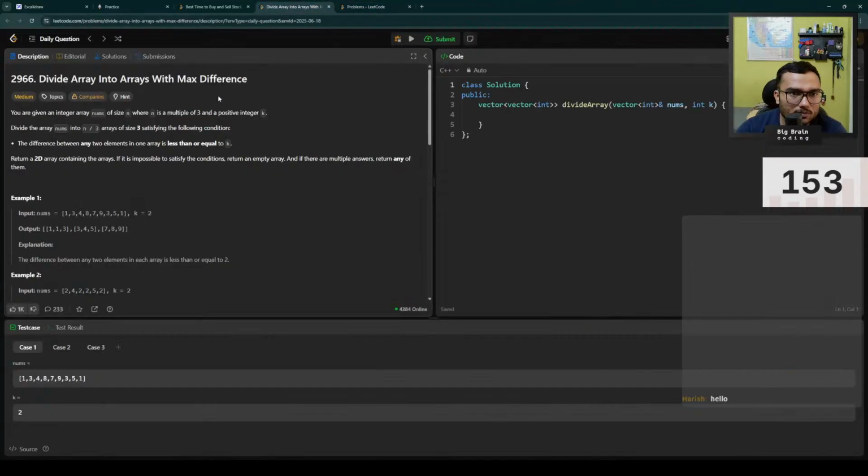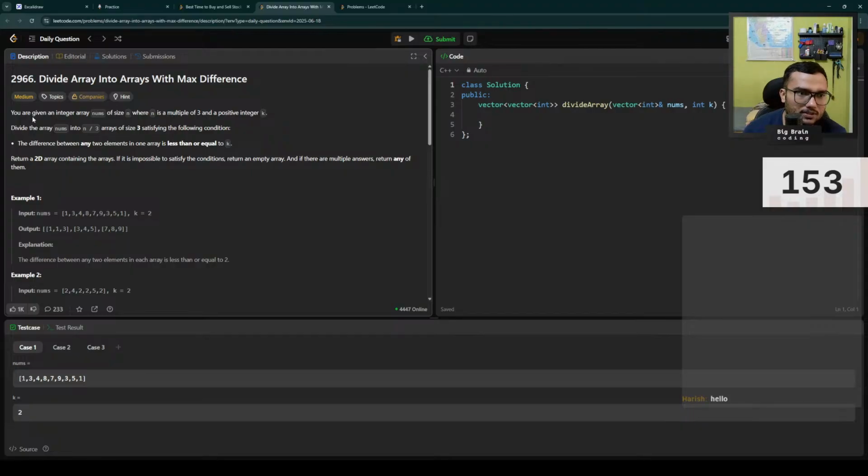Divide array into arrays with max difference. You are given an integer array nums of size n, where n is a multiple of 3, and a positive integer k. Divide the array nums into n by 3 arrays of size 3, satisfying the following condition: the difference between any two elements in one array is less than or equal to k.